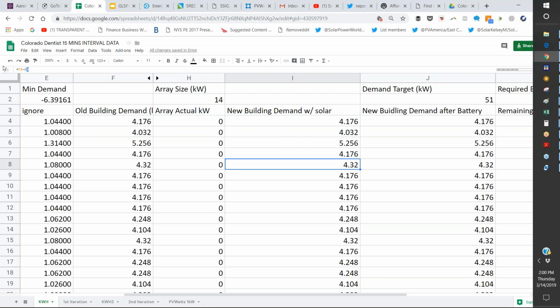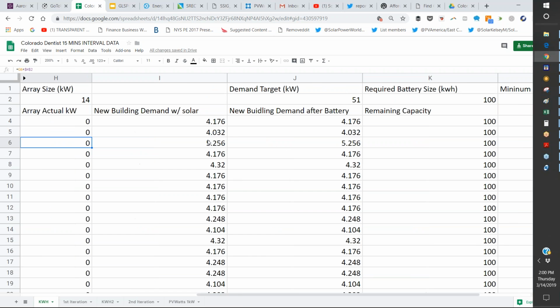So I have here column F minus column H. Okay, well, that's without the battery. So what we need to do then is have a demand target that says, if my building demand with solar is greater than this target, turn on the battery and do load leveling.